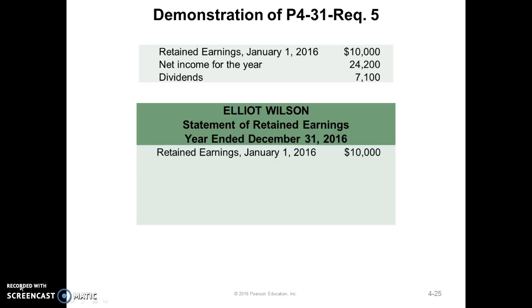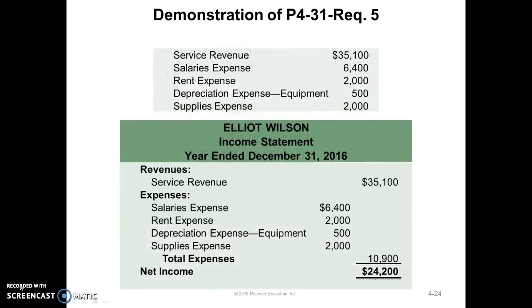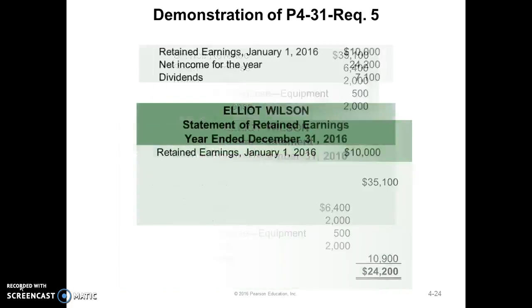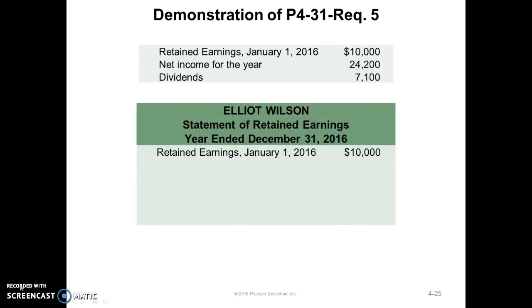So we know retained earnings from the unadjusted trial balance was 10,000. We got 24,200 of net income for the year. We can see that on the previous page right here. Then we paid out dividends of 7,100. That was actually on the unadjusted trial balance.